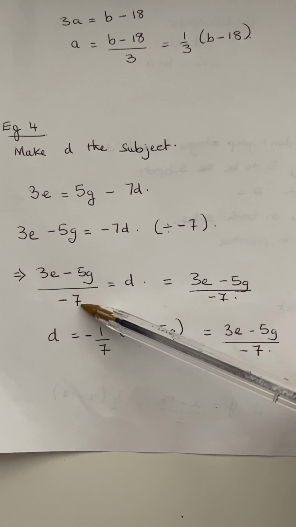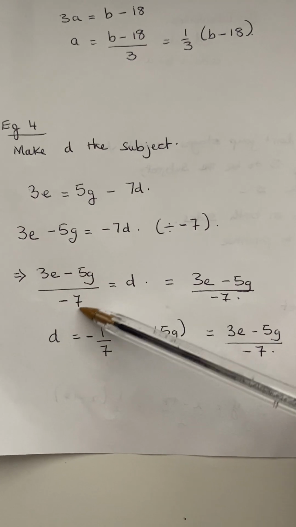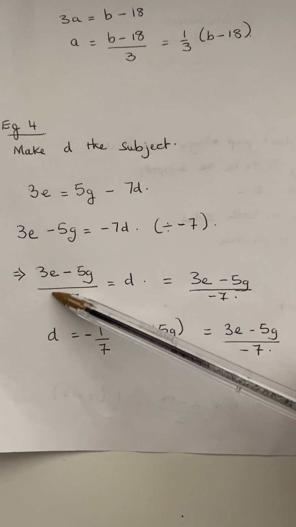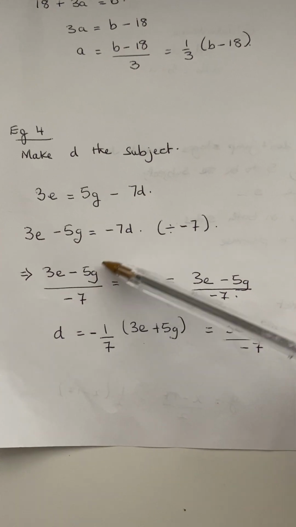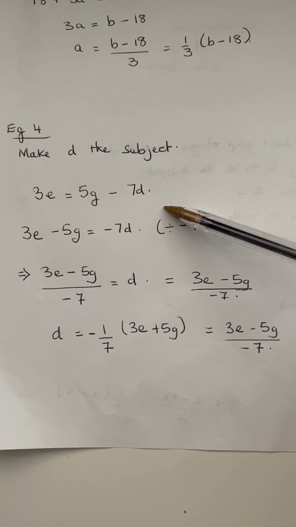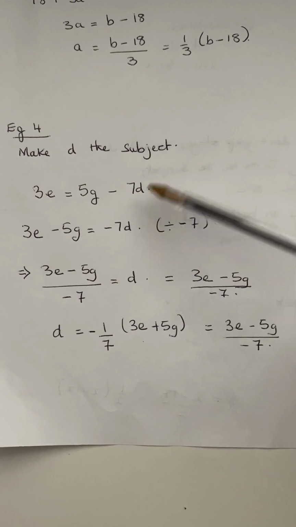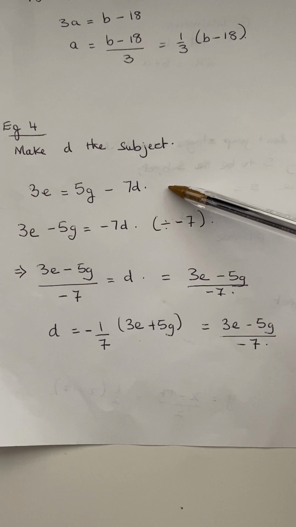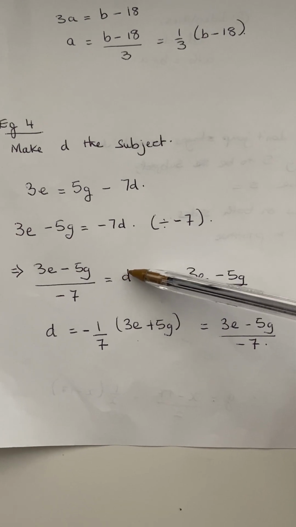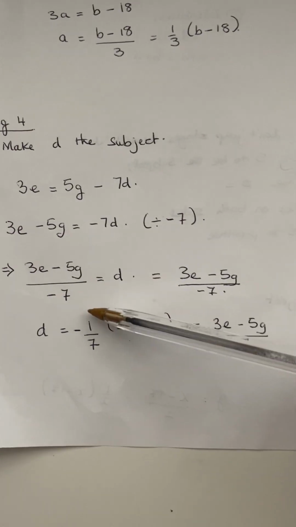Don't be afraid if you have negative numbers to work with. It's the same principle. You remember I gave you some things to put on your flashcard. So now I'm just going to flip the equation.